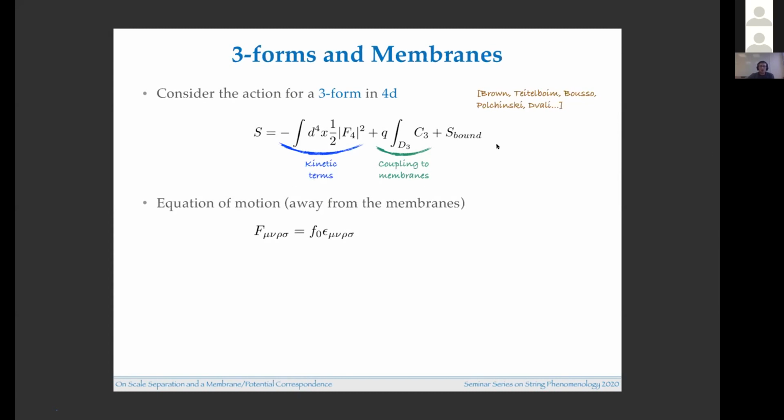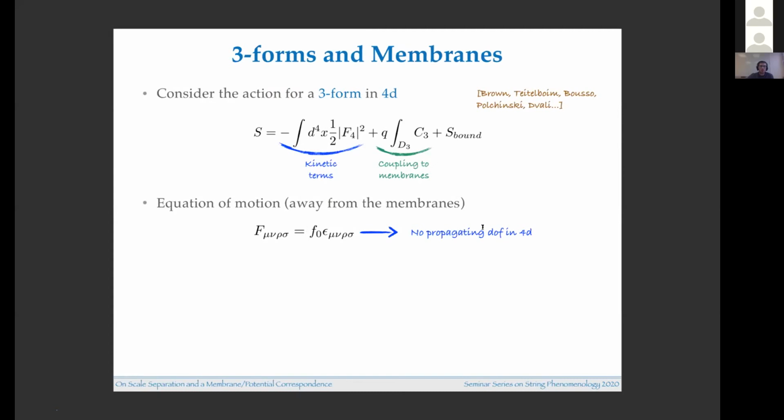So this is the action. There are some boundary terms that I will not discuss. They are crucial for the variational problem to be well defined asymptotically and so on, but they are not important for this discussion. The key point is that the equation of motion away from the membranes has the following form. So this means that there is no propagating degree of freedom in the 3-forms, but still they can have some non-vanishing value for F0.